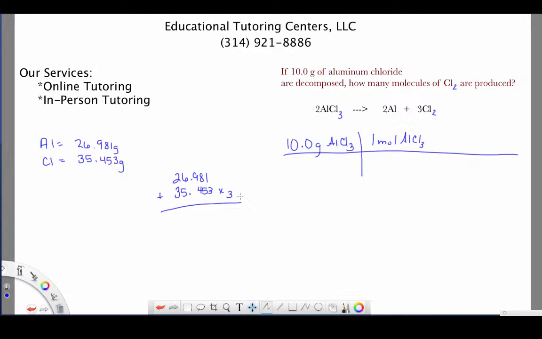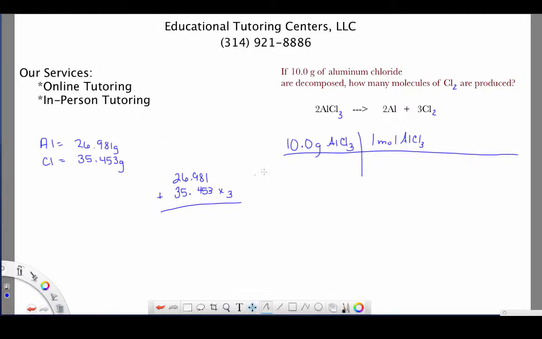Take out your calculators and punch in those numbers: 26.981 plus, I'll open my parentheses, 35.453 times 3, close my parentheses, and I get 133.34.